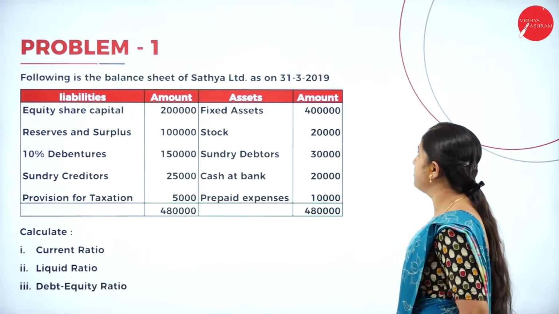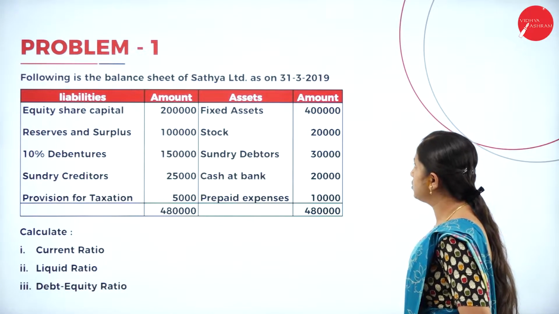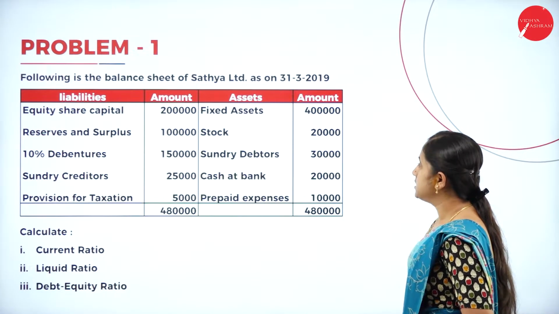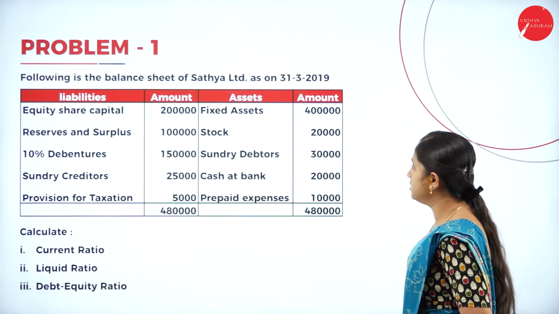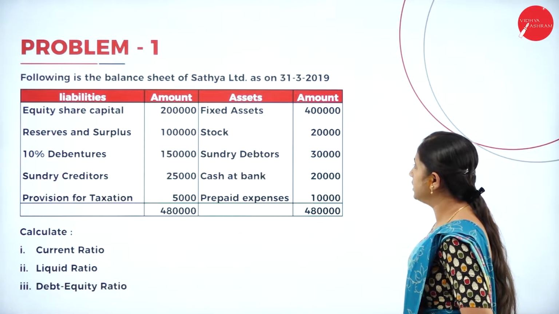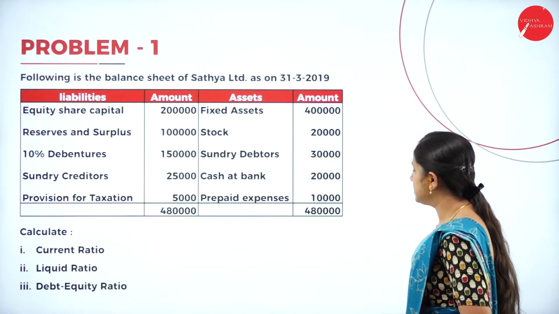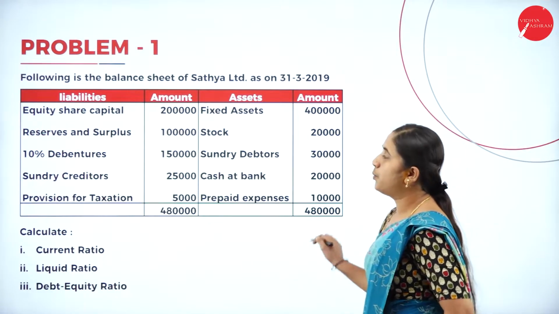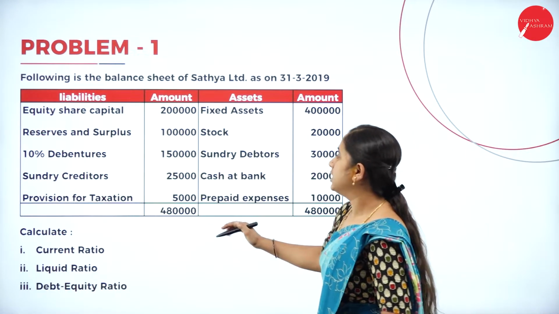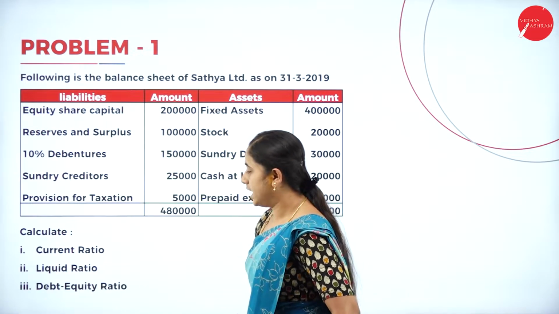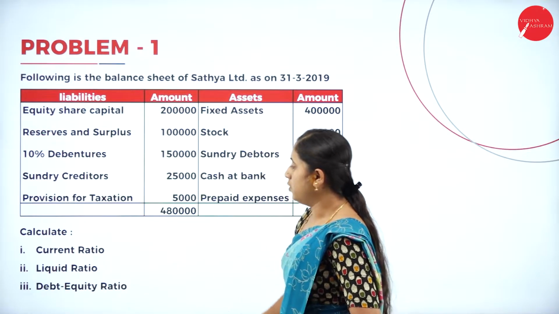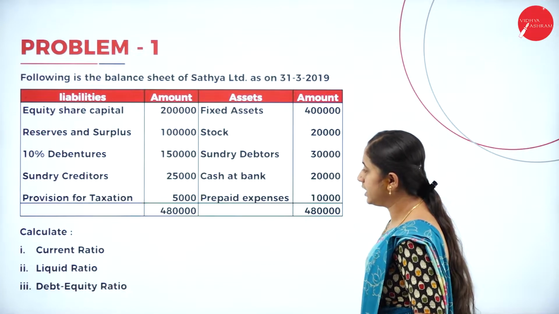On the asset side, fixed assets 4 lakh, stock 20,000, sundry debtors 30,000, cash at bank 20,000, prepaid expenses 10,000. From this information, we need to calculate current ratio, liquid ratio and debt equity ratio.